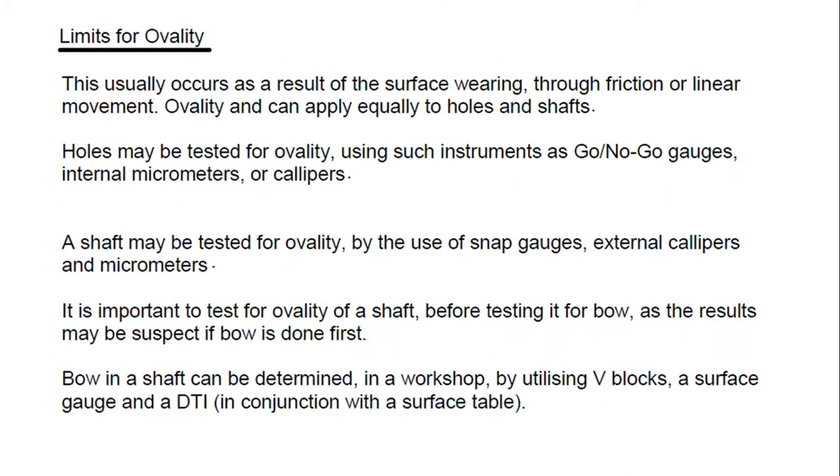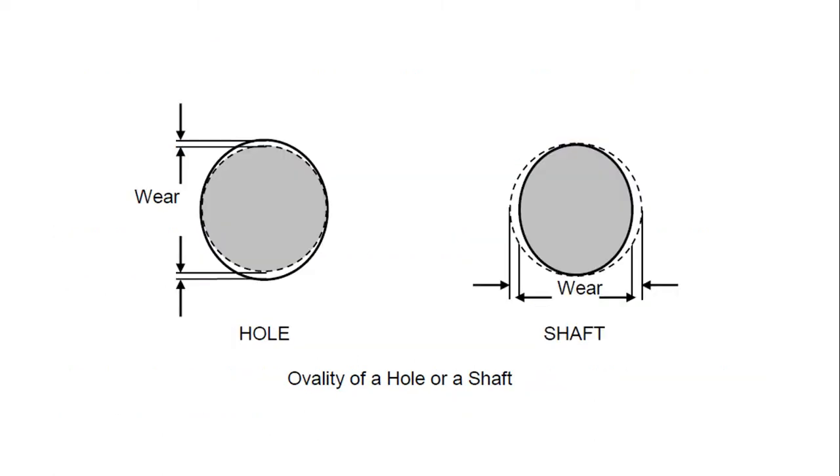So, limit of ovality is something which measures the circular shape of the hole as well as the shaft. So this comes under the limit of ovality, right? Here we discuss both cases, the hole as well as the shaft.